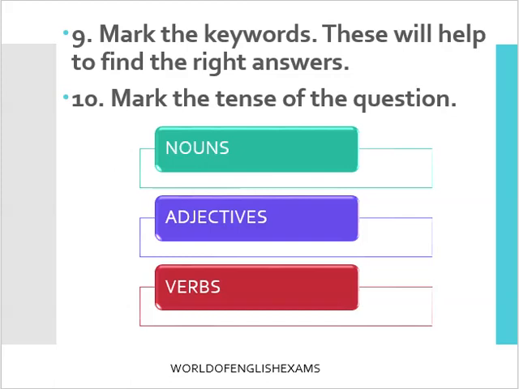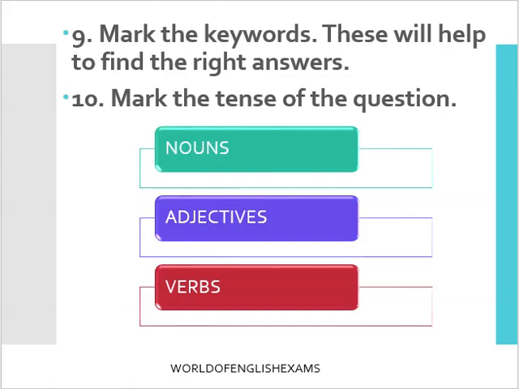Not just in listening, but for reading, writing, as well as speaking. Whenever you want to use the language properly, you need to use parts of speech. And for the IELTS test, the major ones are nouns, adjectives and verbs. That's why they are called key words, important words or significant words.